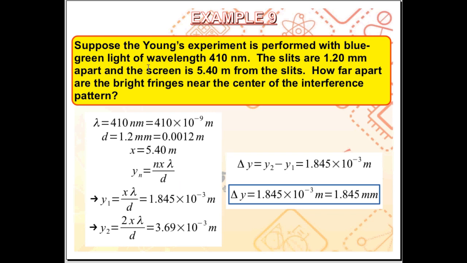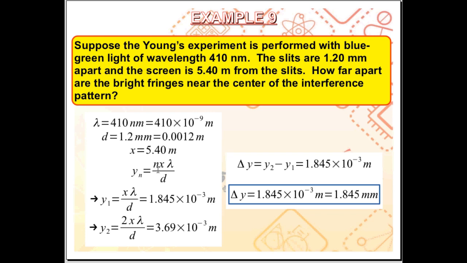The two bright fringes that are near the center of the interference pattern are the first bright fringe, y1, and the second bright fringe, y2. By setting n equal to 1, we are able to calculate y1.